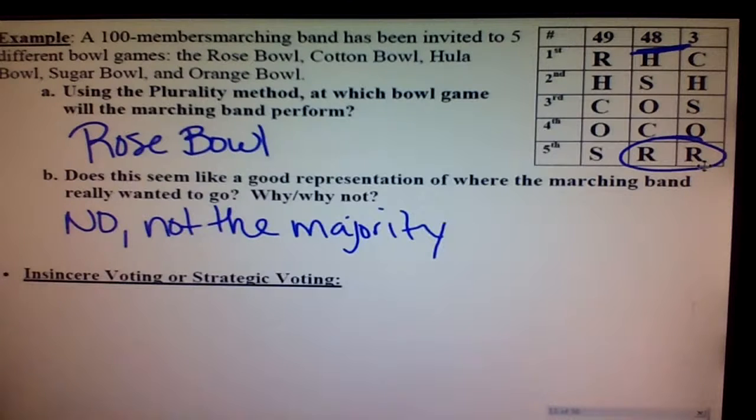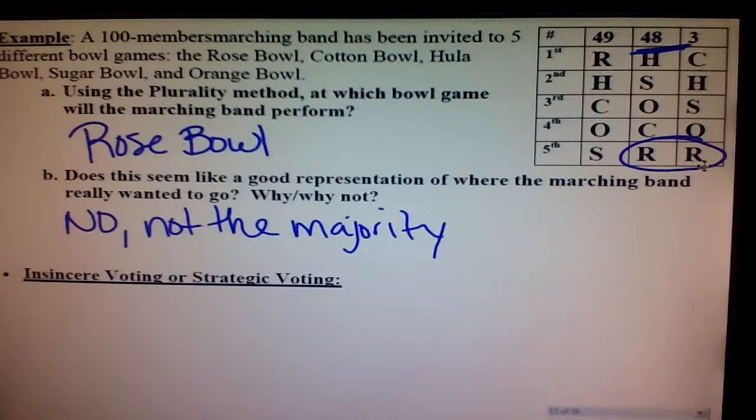Let's just say, for purposes of this example, you love me. I am your favorite teacher at LSHS. You really, really love me. But you know I'm not going to win. There are teachers in this building that are better than me.